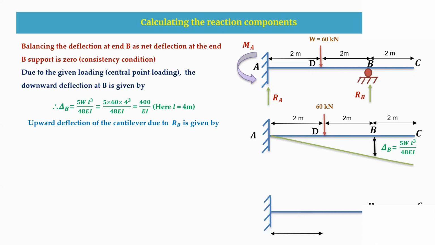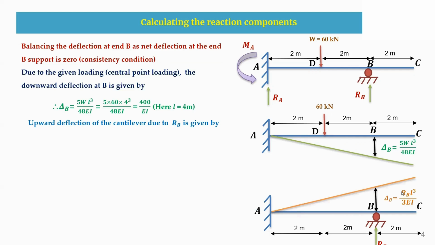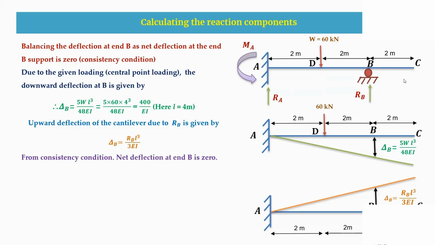And then the upward deflection due to this RB reaction is vertically upward, which is RB L³ by 3EI. Now, based upon the consistency condition, the net deflection at this B support will be equal to 0.